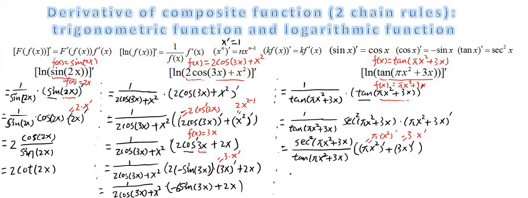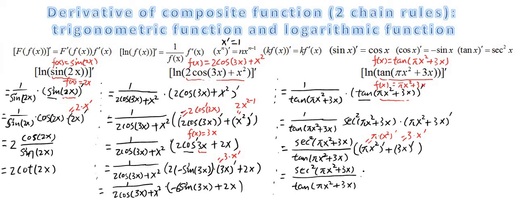So we have secant squared of pi x squared plus 3x divided by tangent of pi x squared plus 3x.